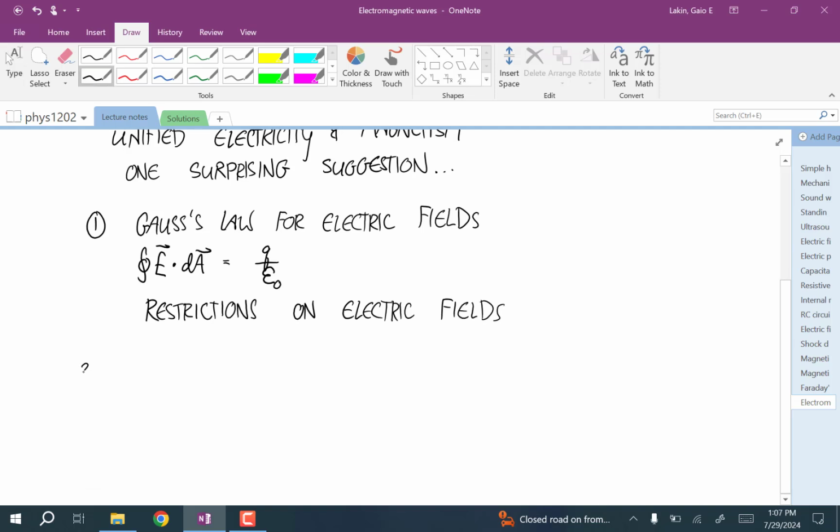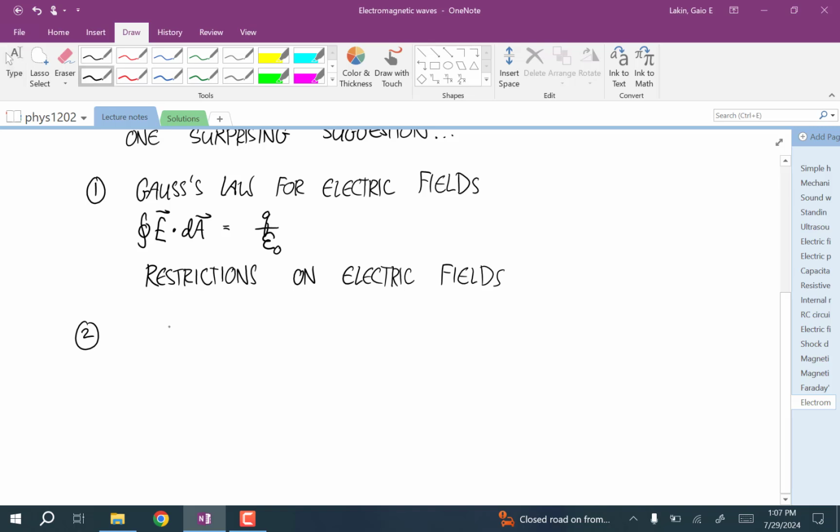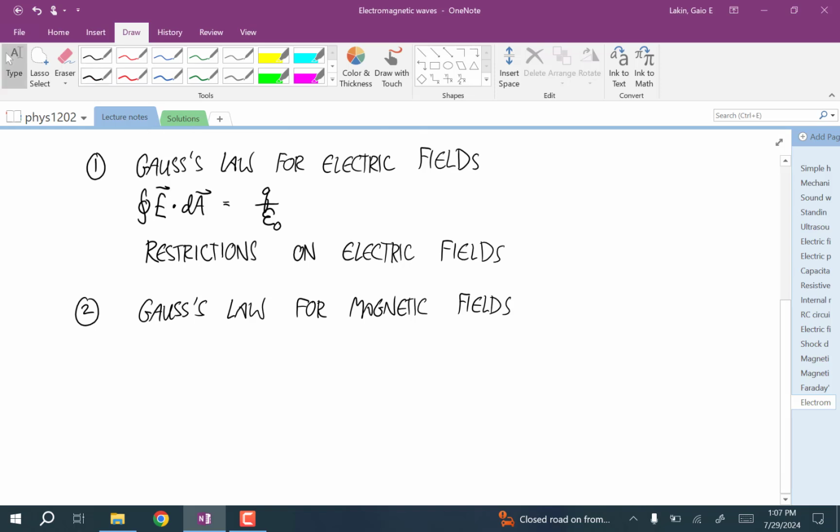And then there's a similar one for magnetic fields. The second one is Gauss's law for magnetic fields. That says that the integral over a surface of the magnetic field vector dotted with dA is equal to 0.